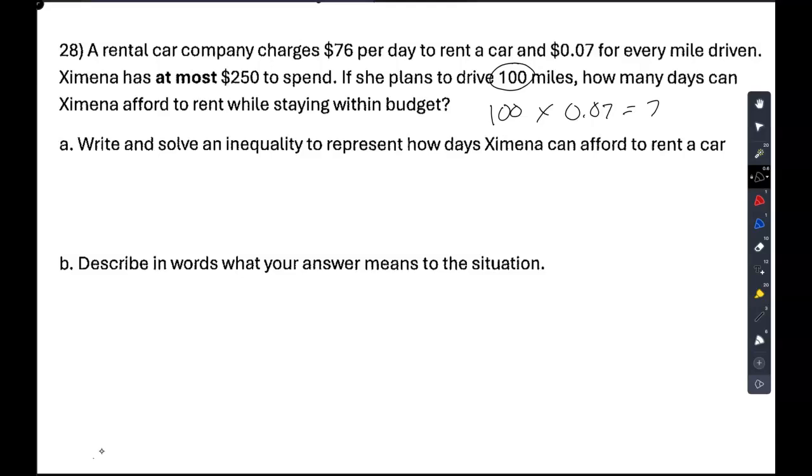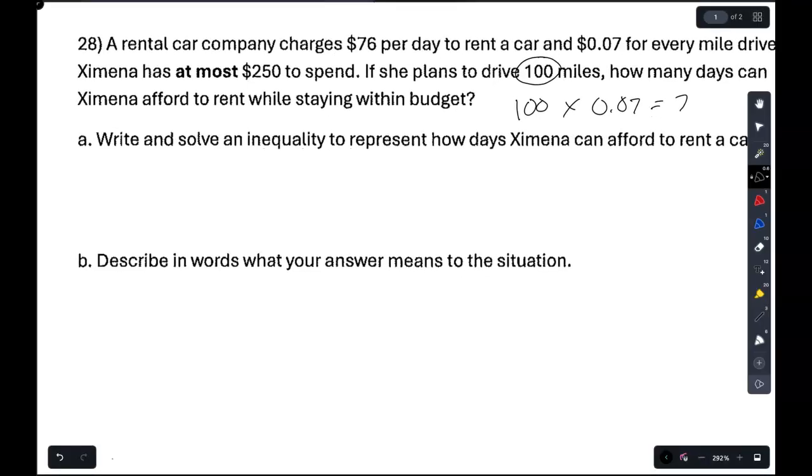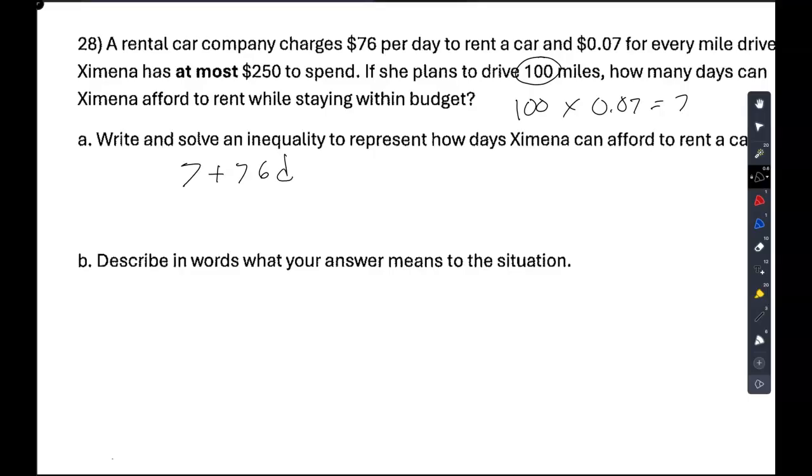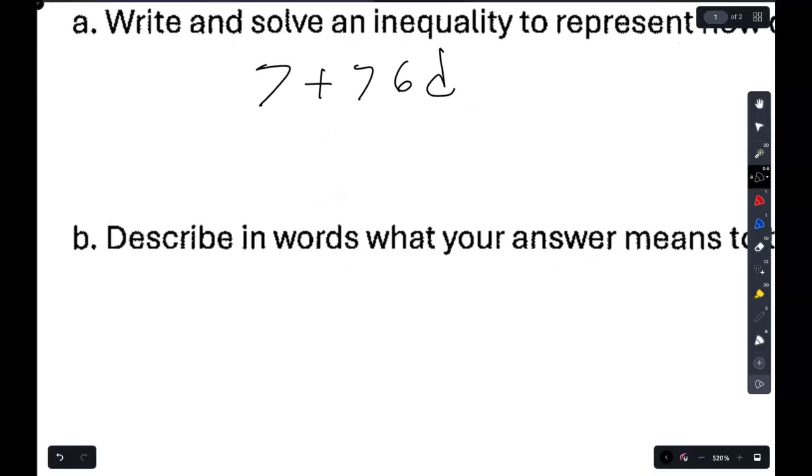So that's the flat fee, $7, or the flat amount here. So we're going to have $7 for the miles, and then 76 for every day. So I'm going to add 76 for every day. I'm about to zoom in here. And at most, they have to spend less than or equal to 250.